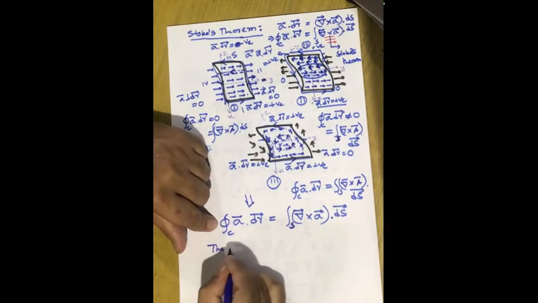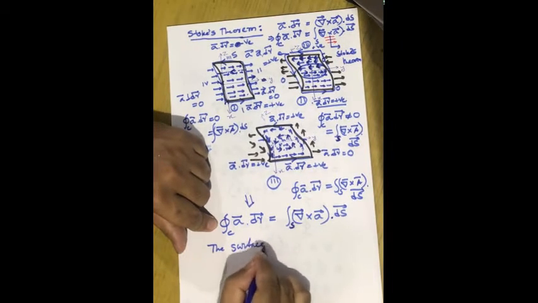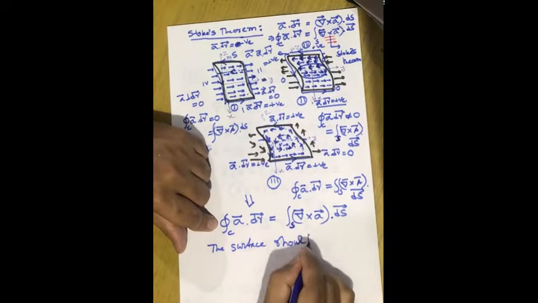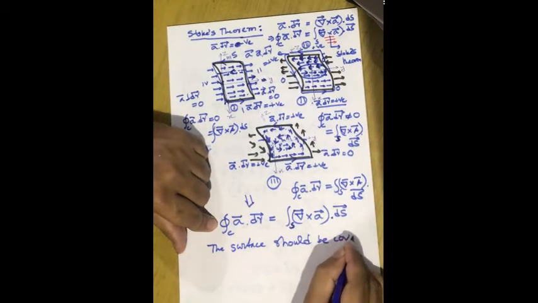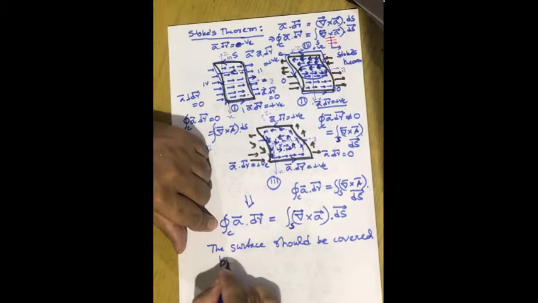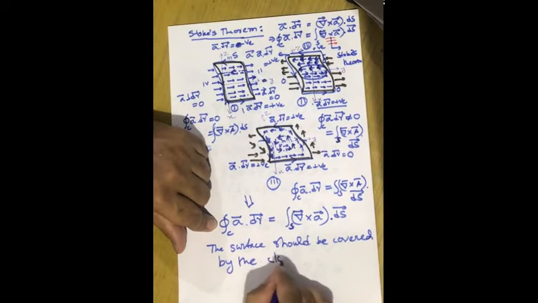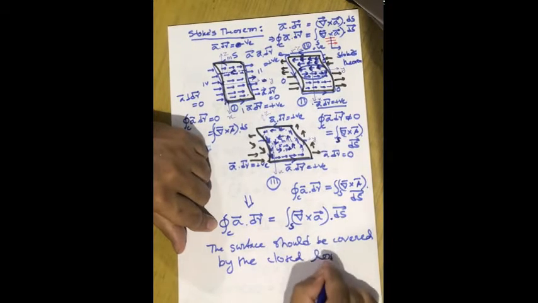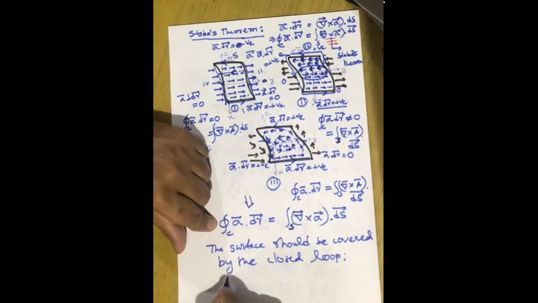The surface should be covered by the closed loop. Then only we can apply the Stokes theorem.